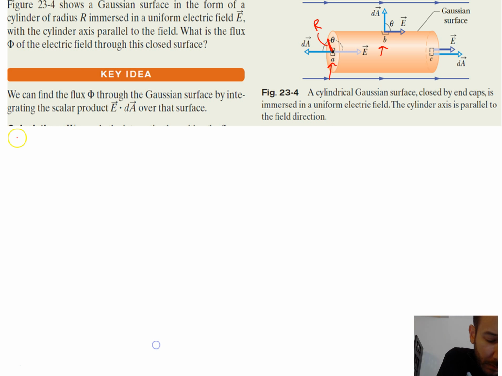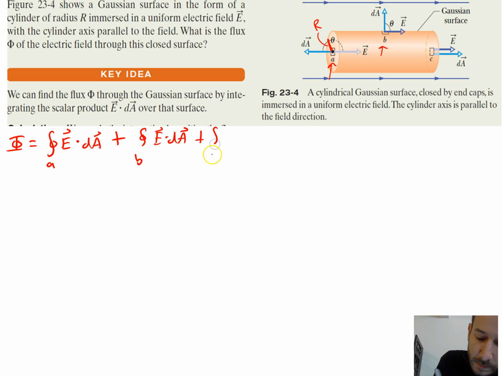All right, so our total flux phi is just going to be the integral of all of these different surfaces together. So if this is A, this is our B surface, and then plus the integral of our C surface.